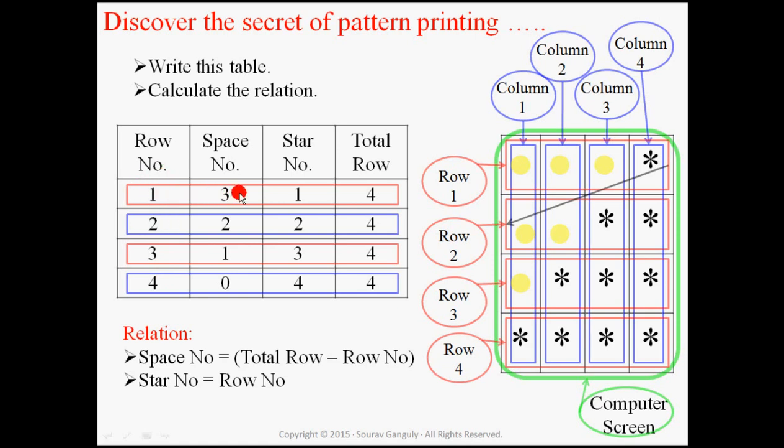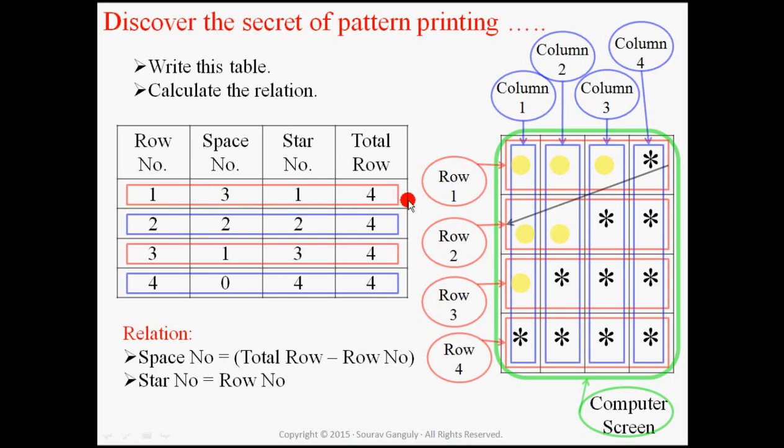Now row number 1 contains 3 spaces, 1 star. Row 2 contains 2 spaces, 2 stars. Row 3 contains 1 space, 3 stars. And row 4 contains 0 spaces, 4 stars. Now what is the relation between space and star and row number? Space number is total row number minus row number.